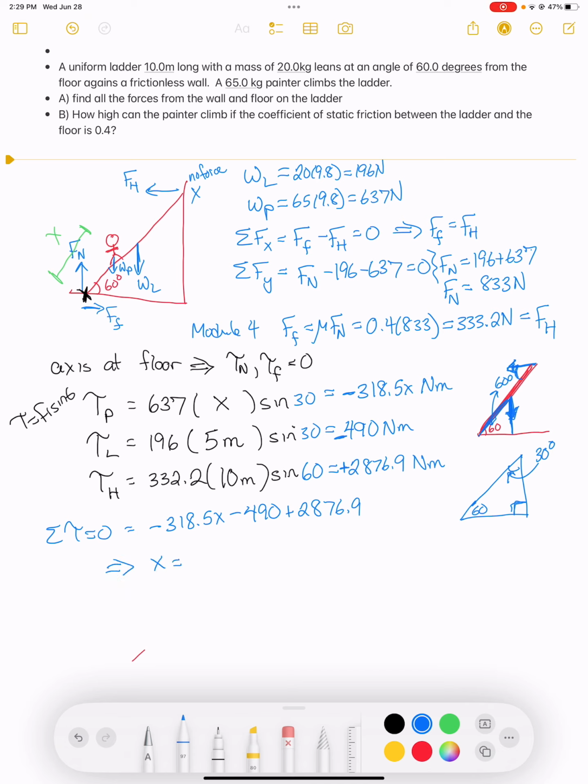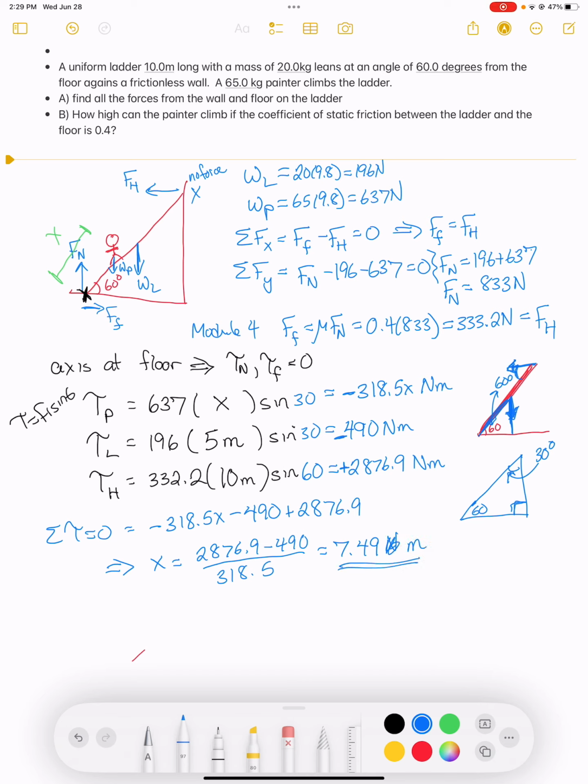So let me just go ahead and put in my numbers. I get x is 7.49, and the units will be meters.